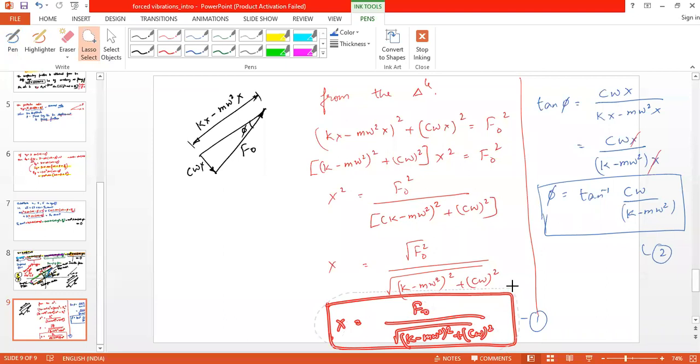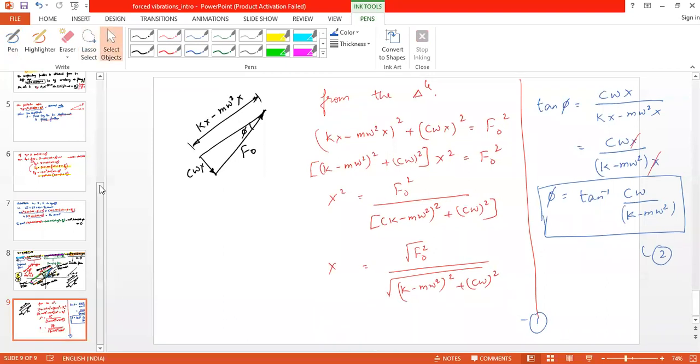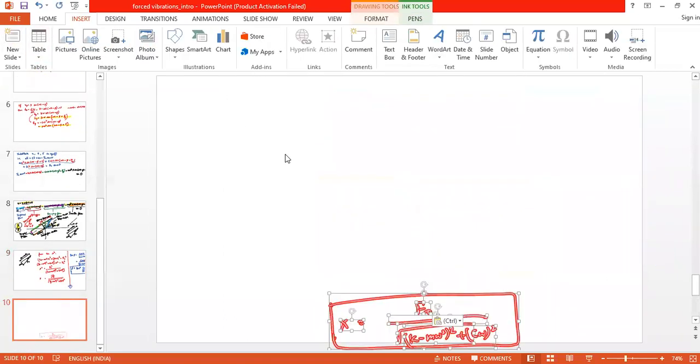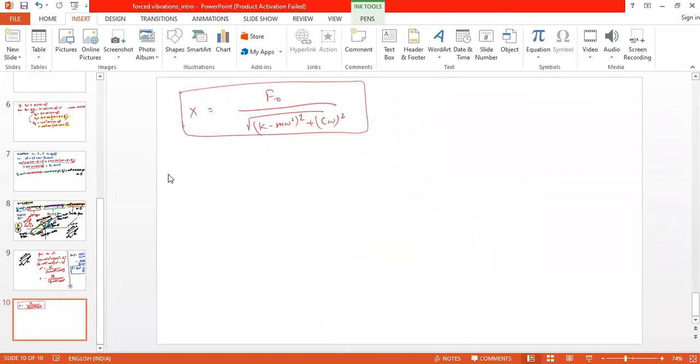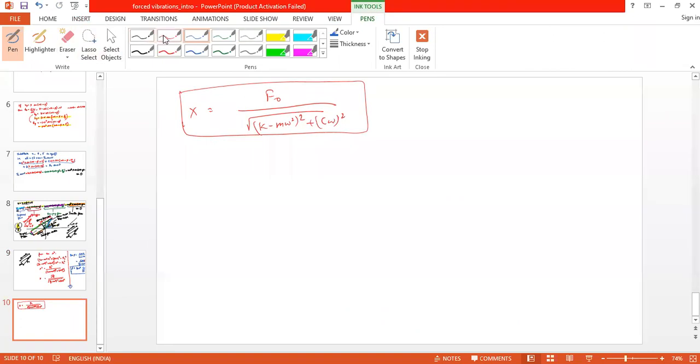Now consider equation 1. Divide both numerator and denominator by k.